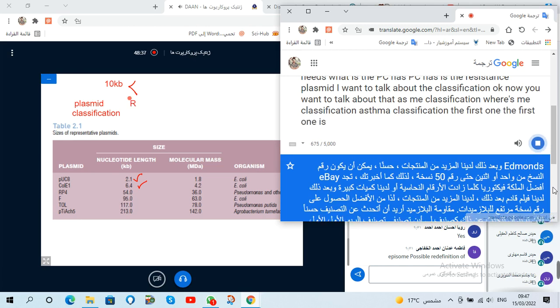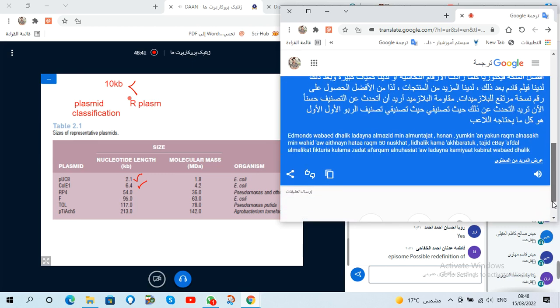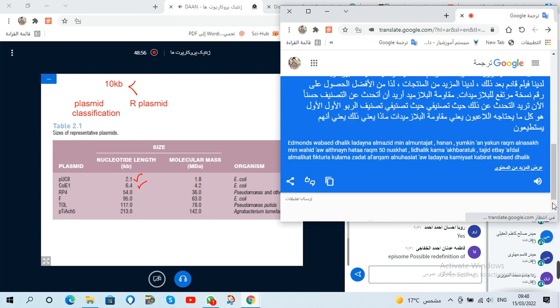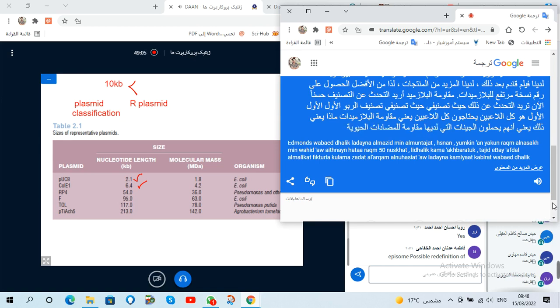What are R plasmids? R plasmids are resistance plasmids. What does it mean? It means they carry genes for antibiotic resistance, one or more.